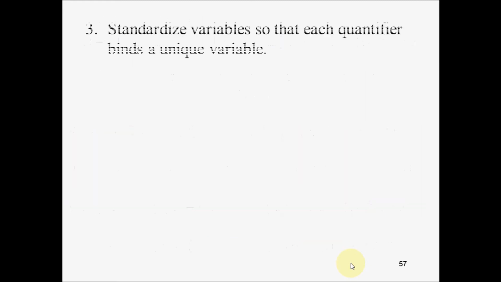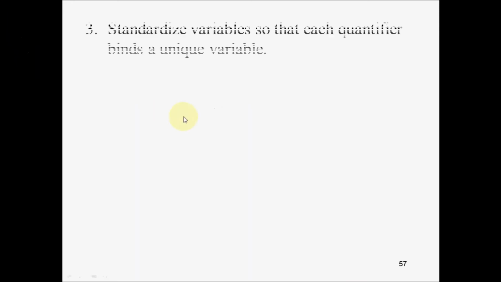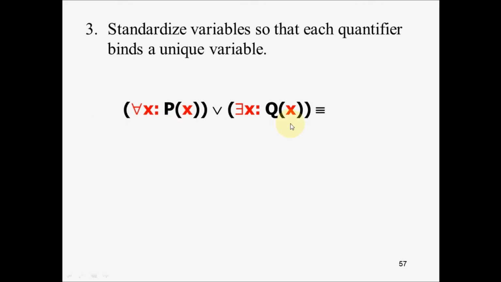Now step 3 is to standardize the variables so that each quantifier binds a unique variable. Just notice this predicate statement: for all x, P of x, or there exists some x, Q of x.